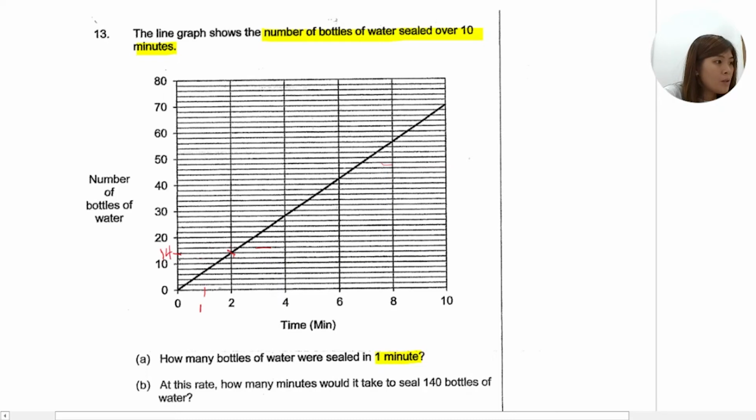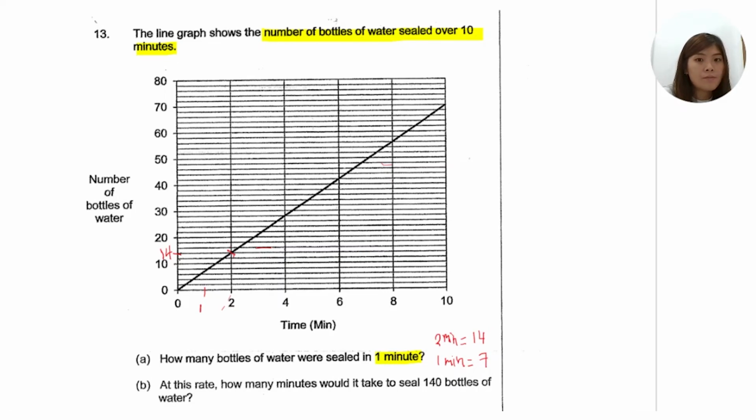Okay, so since 2 minutes is 14, 1 minute will be equal to 14 divided by 2. So 2 minutes is 14. 1 minute will be equal to 14 divided by 2, which is 7. So how many bottles of water were sealed in 1 minute? 7 bottles of water. Okay, then part B.